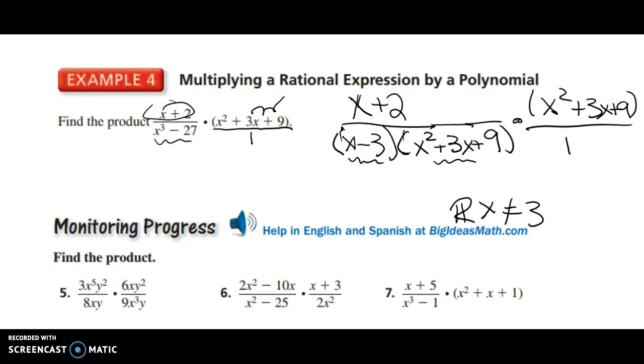X can't equal 3. So let's cross off any common factors. Notice these two are the same, so this will divide out with this one. They divide out, and our answer is x plus 2 over x minus 3. And remember, you cannot cross off the x's here and get an answer of negative 2/3. That would not make any sense.